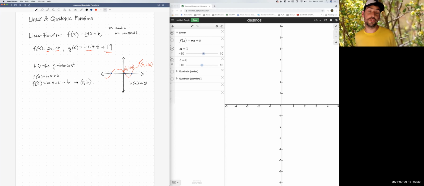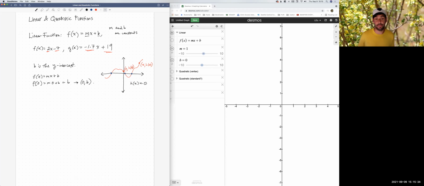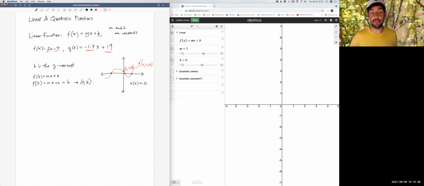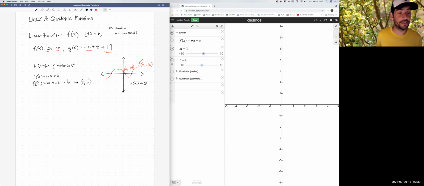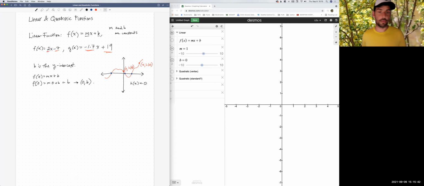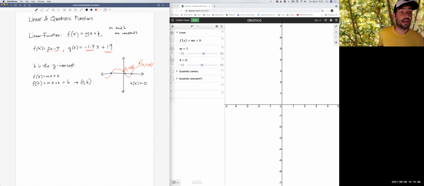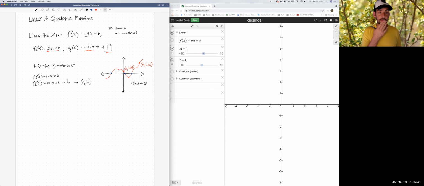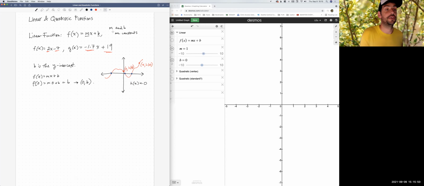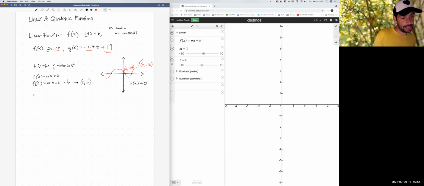What inputs lead us to an output 0? There might be one, there might be none, there might be an infinite amount, or many, anywhere in between. That's just a reminder. We're not looking deeply into that at the moment. So that's what our b value is. It tells us where we hit the vertical axis.